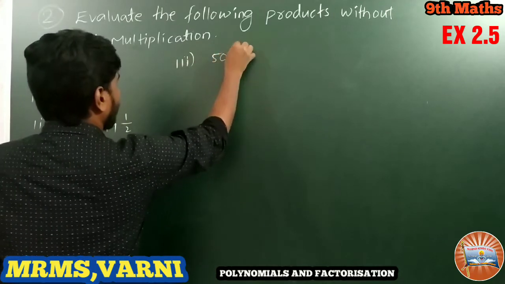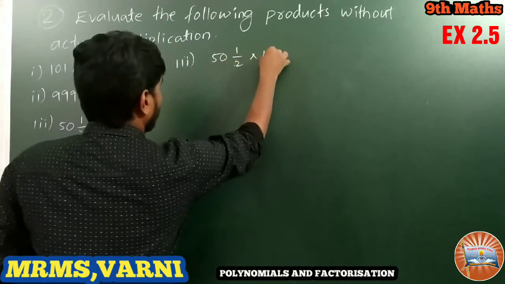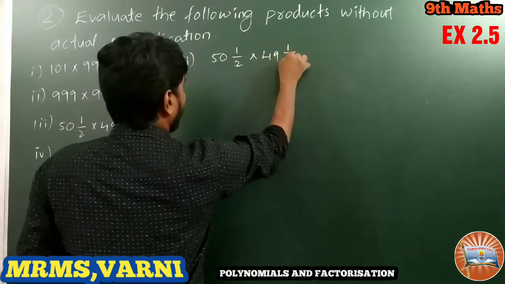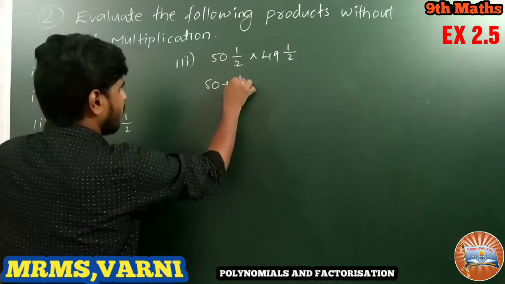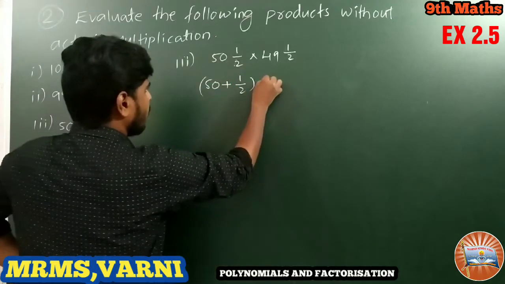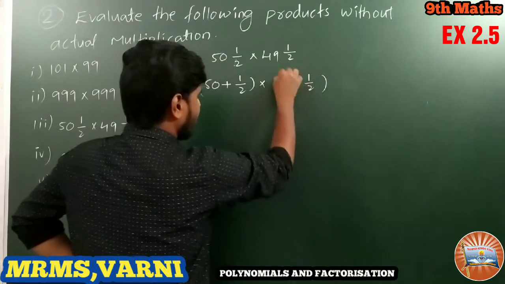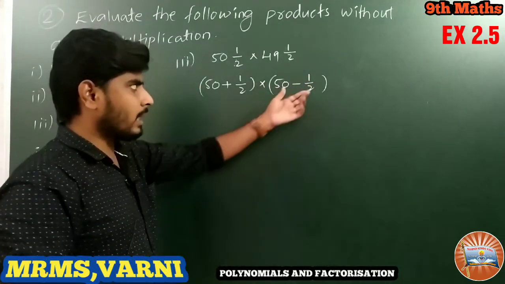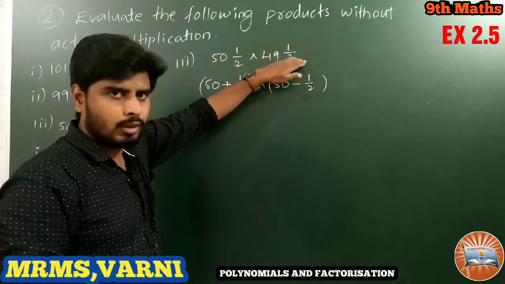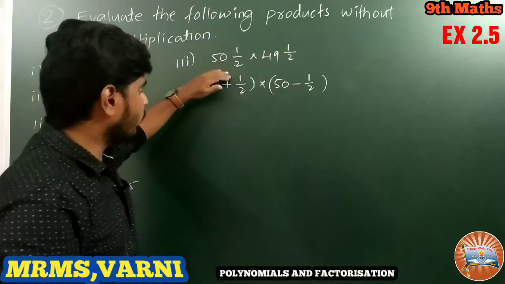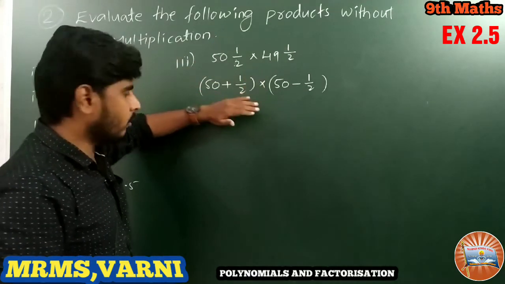So 50 and half into 49 and half. This you can write as 50 plus half into 50 minus half. 50 minus 1 by 2 is nothing but 49 and half, and 50 plus half is 50 and half.